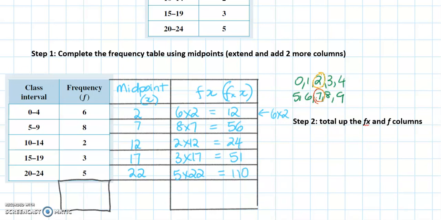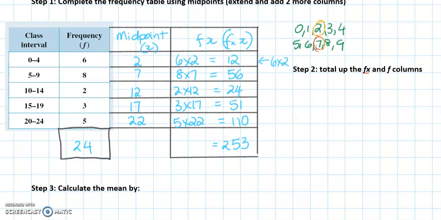Now, we also do the total of our frequency and the total of our f times x. Once we total that, we see that our sum of f times x is equal to 253, and our sum of frequency is equal to 24.